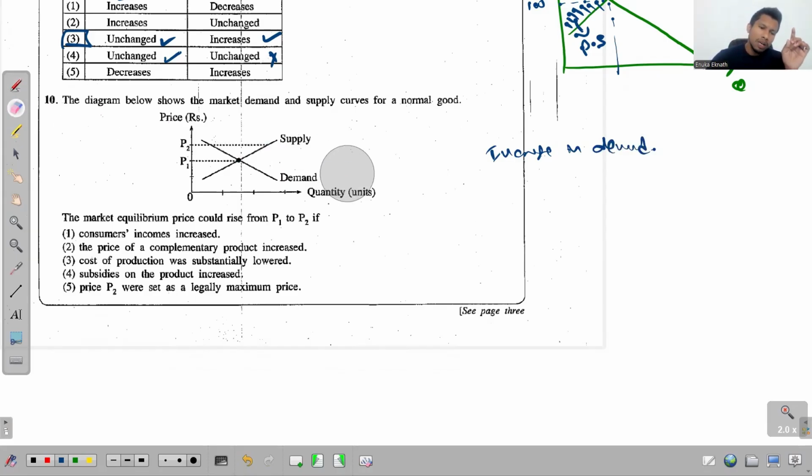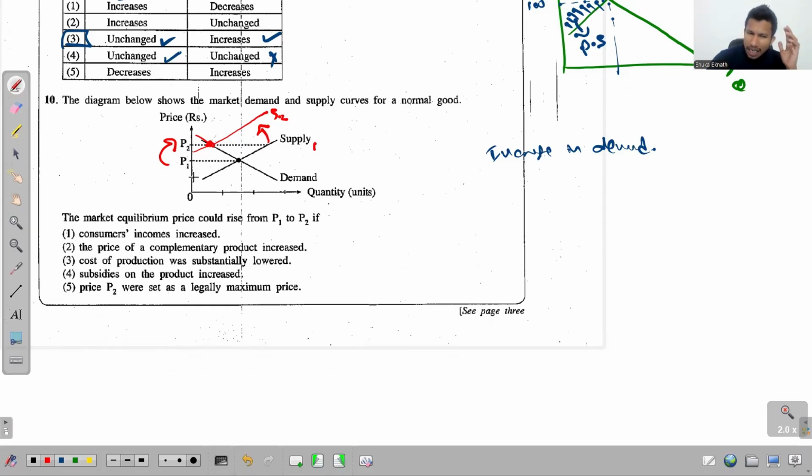And the other possible reason, that is interesting, see that even if the supply decreases from this to this, what happens once again? The equilibrium price increases from P1 to P2. Then you may say, sir, the equilibrium quantity changes like this, is that a problem? No, because the question doesn't say anything about that, so anything can happen to the equilibrium quantity.